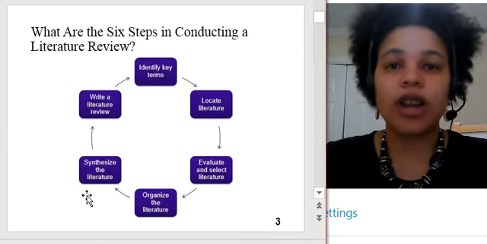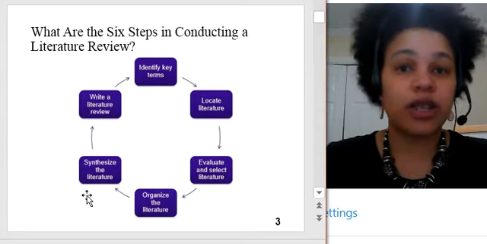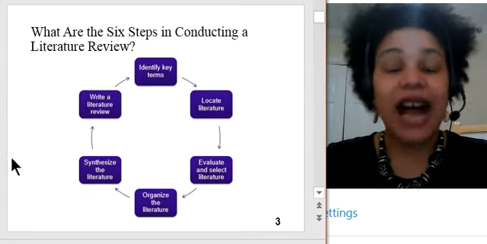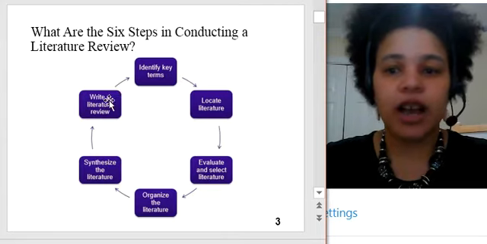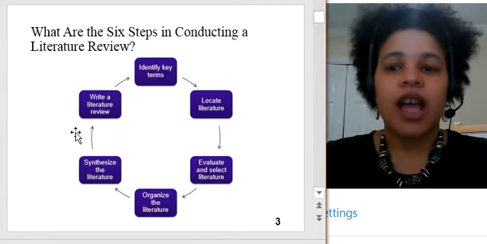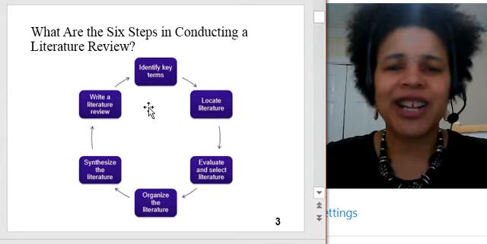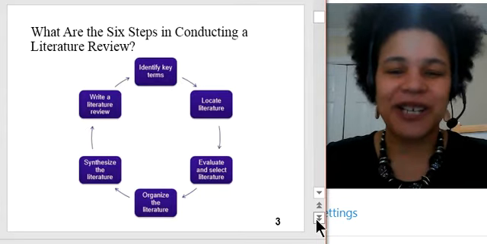Okay, how does one study relate to another study, relate to another study, relate to what you want to know? And then finally writing up your literature review. It helps if you write along the way, and I'll talk a little bit about that also.